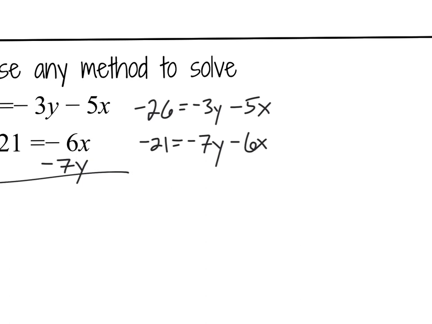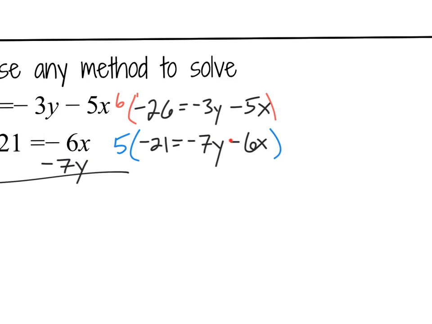I think I would like to play with the x's, and so we'll multiply the top equation by 6, and we'll be multiplying this bottom equation by 5. Now, small problem, they're both negative here, and so I'm going to need one of them to become positive.